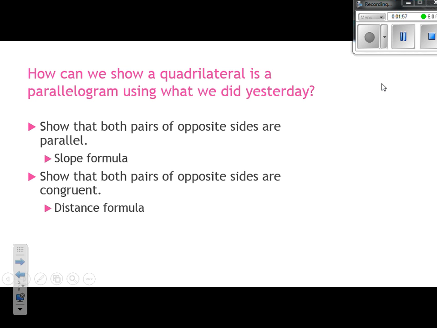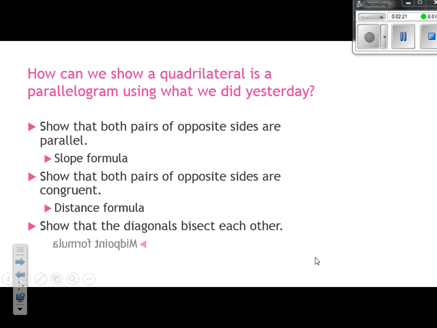And then a third property that we should know about parallelograms is that you can show that a quadrilateral is a parallelogram if the diagonals bisect each other. When I think of bisect, I mean cut in half. And when I'm thinking diagonals, I'm thinking about going from opposite corner to opposite corner.